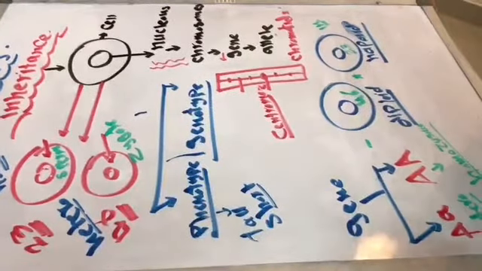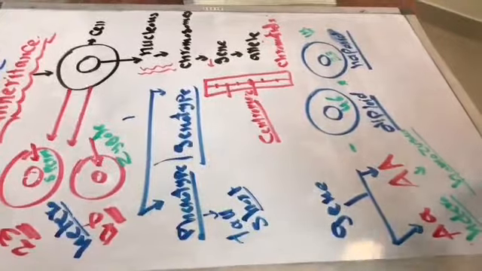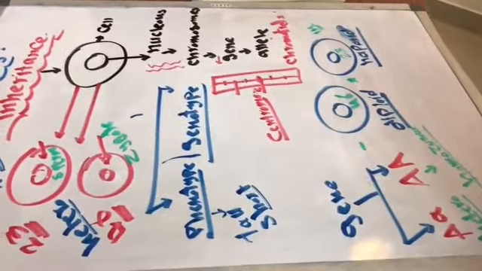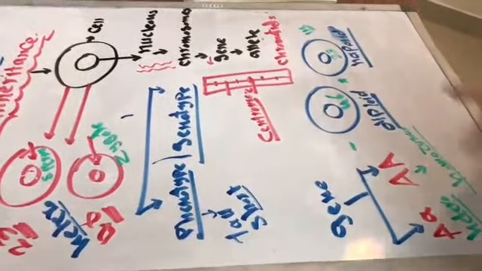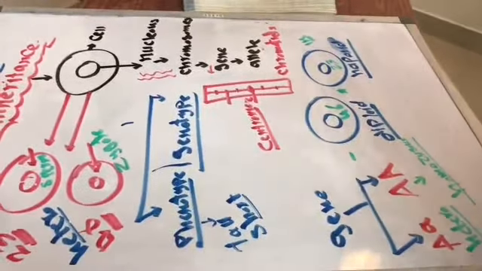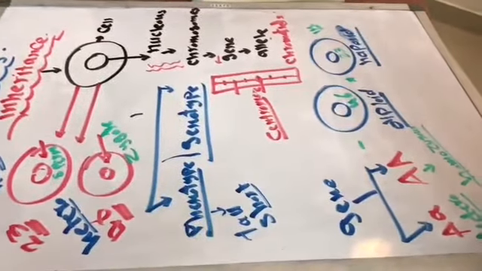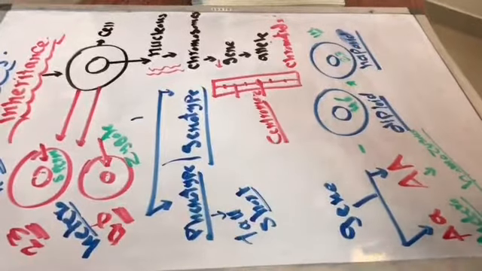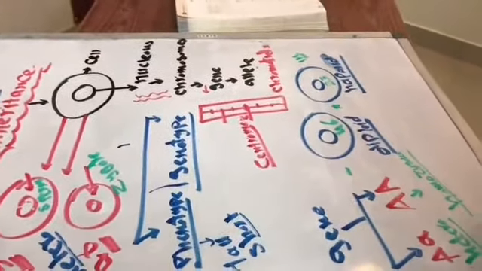I give you one example of inheritance, the mechanisms of inheritance that were discovered before chromosomes or genes had been discovered. It was by one person, Mendel, who made very important discoveries about inheritance, or about genetic information.